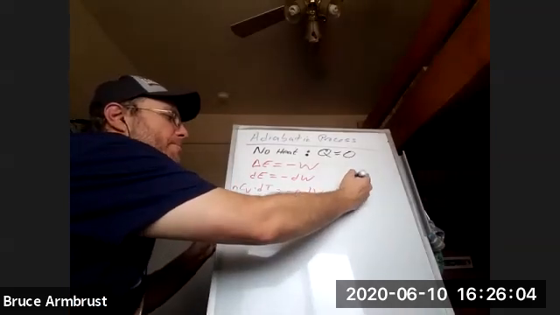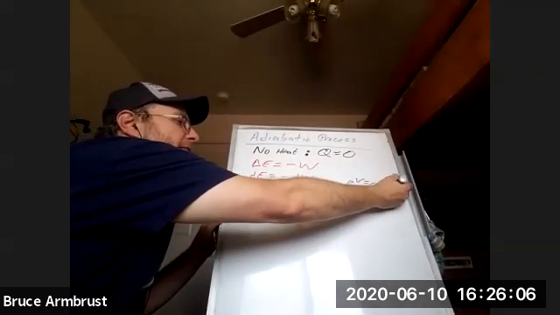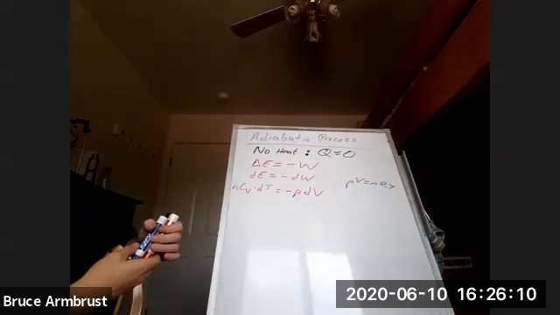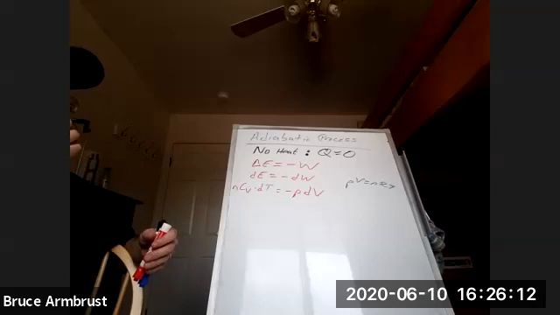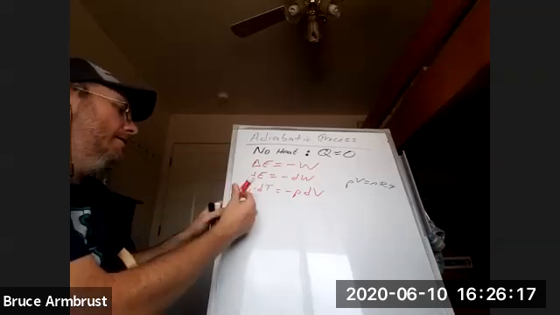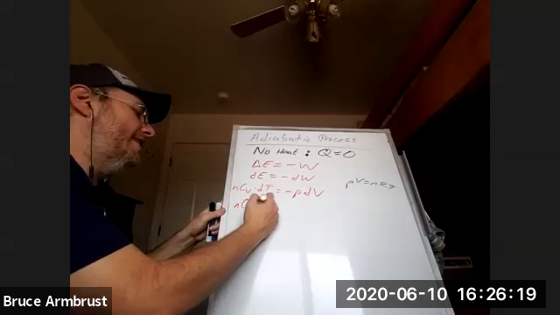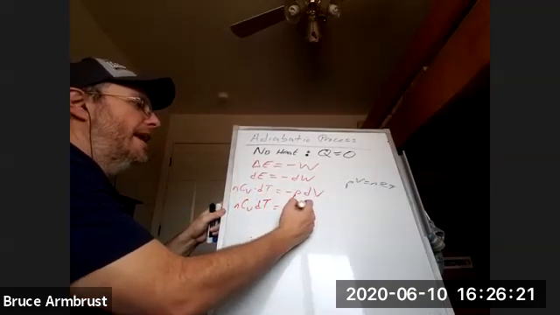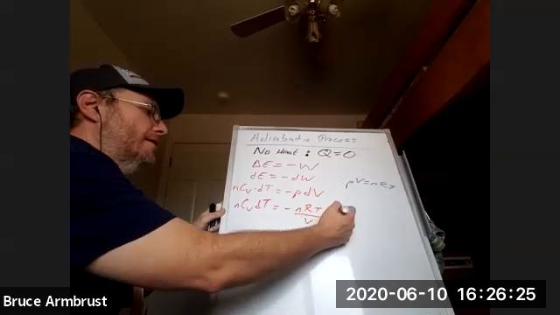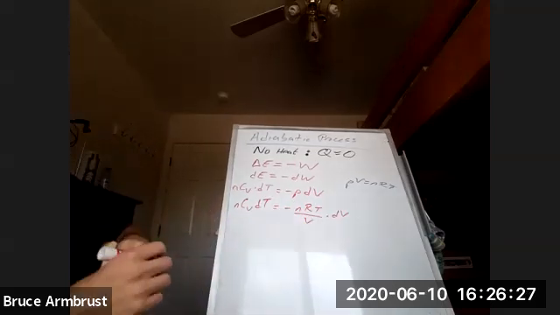We've got PV equals nRT. If I solve that for P, on the left side we get n Cv dT is going to equal negative nRT over V times dV.